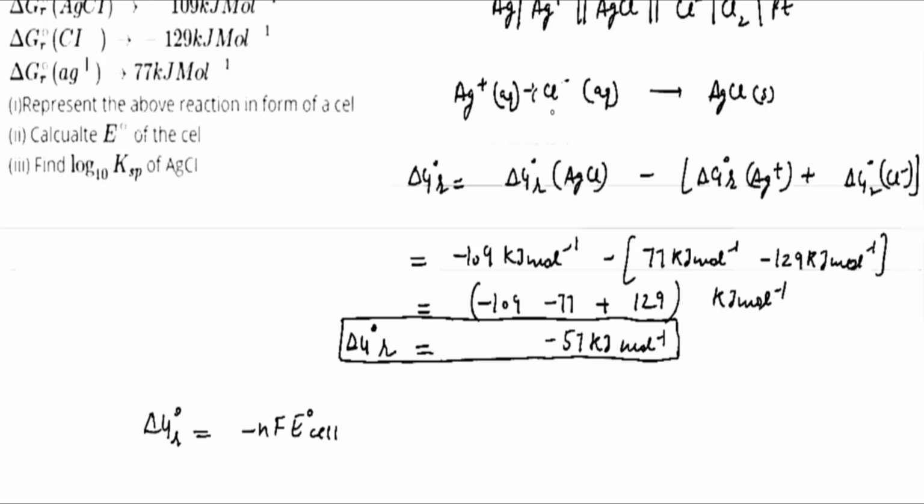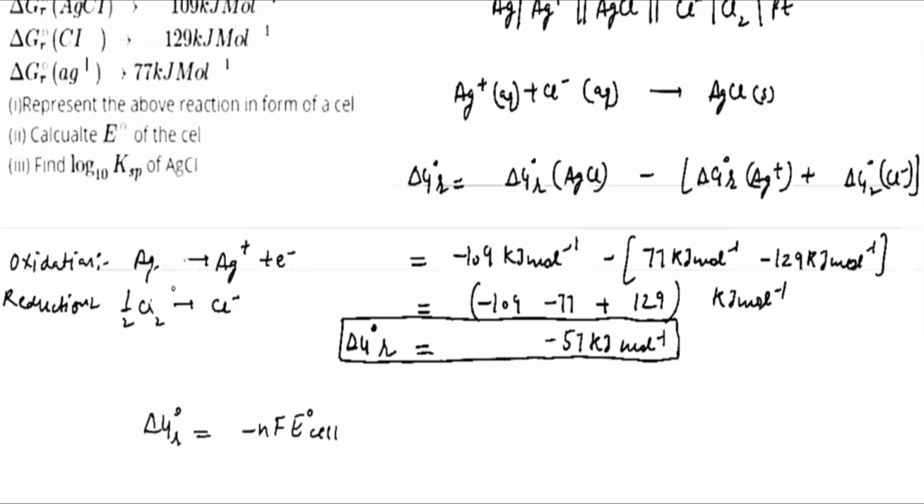One electron is involved: oxidation reaction involves Ag solid forming Ag+ and an electron is released, and reduction is half Cl2 forming Cl- ions after gaining an electron. So N is 1.